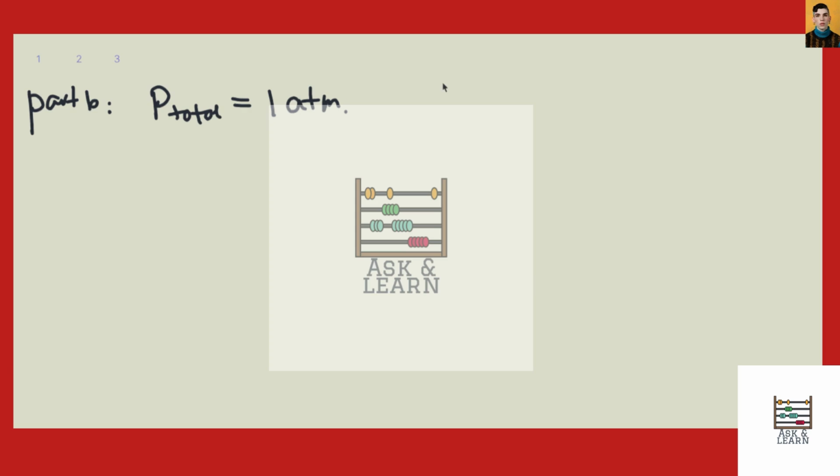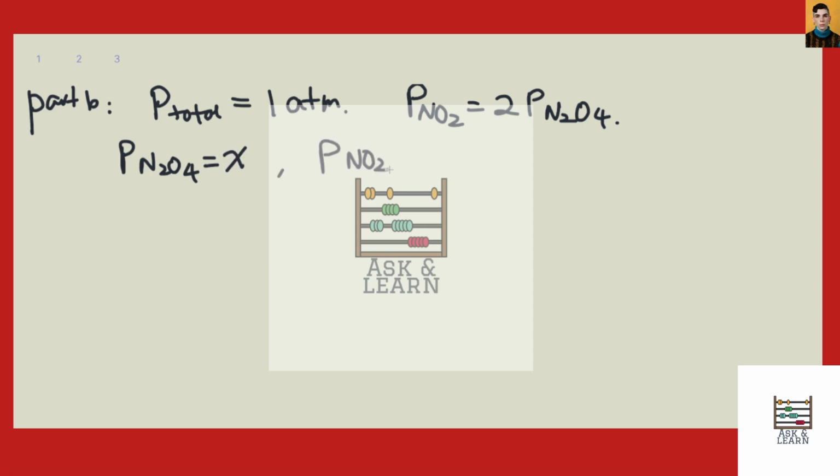Also, the P of NO2 is twice the P of N2O4. So if we assume the P of N2O4 equals X, then the pressure of NO2 will be 2X.